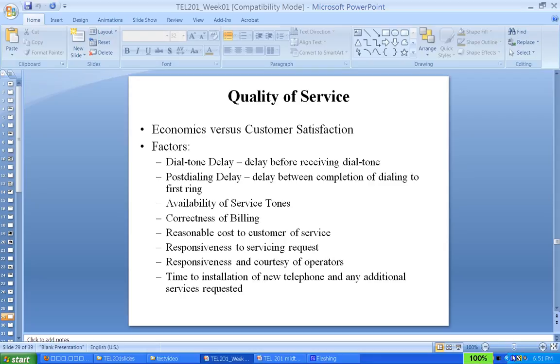And also we need to understand the time to installation of new telephones and any additional service requests, how soon they can be processed and implemented, etc. That's all related to the satisfaction of the service.